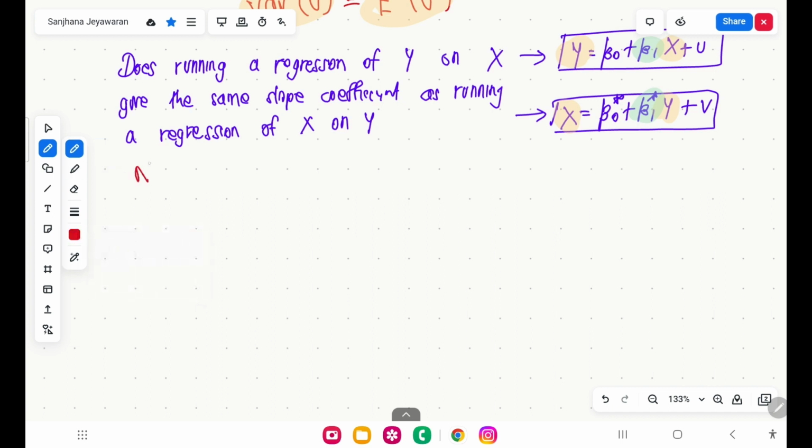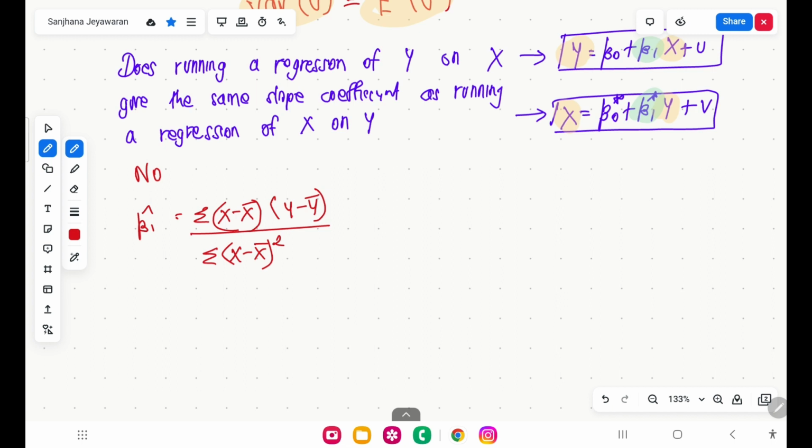Actually no, because if you look into our beta 1 equation, it's the covariance of x and y, which is the summation of x minus x bar times y minus y bar, divided by the variance of x, that is the summation of x minus x bar whole thing squared.